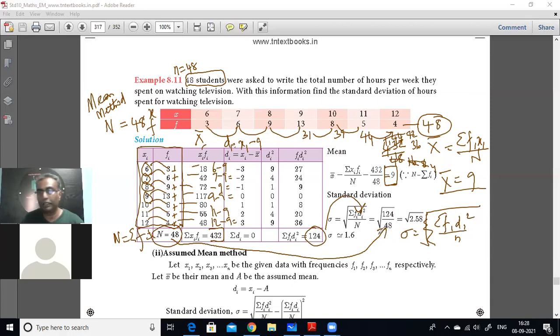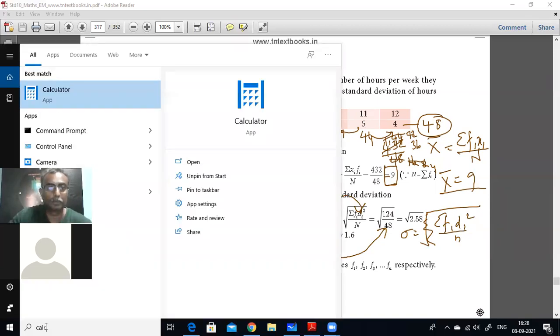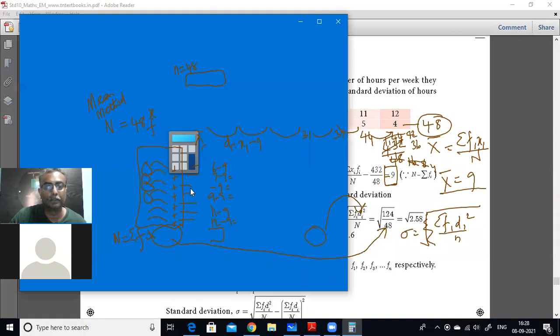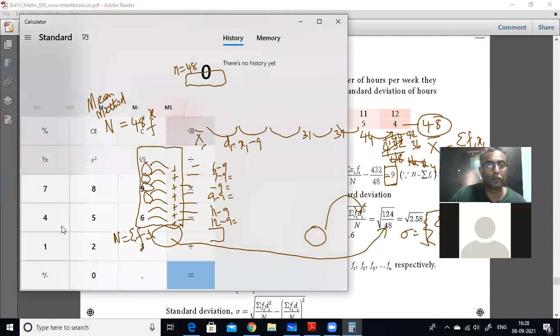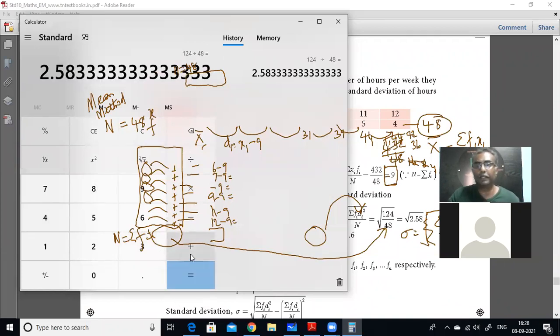If you use a calculator, 124 by 48, how much are you getting? Use the calculator. 124 divided by 48 equal to 2.583.